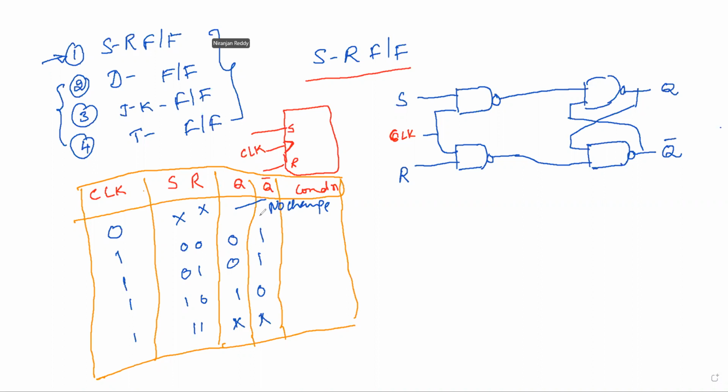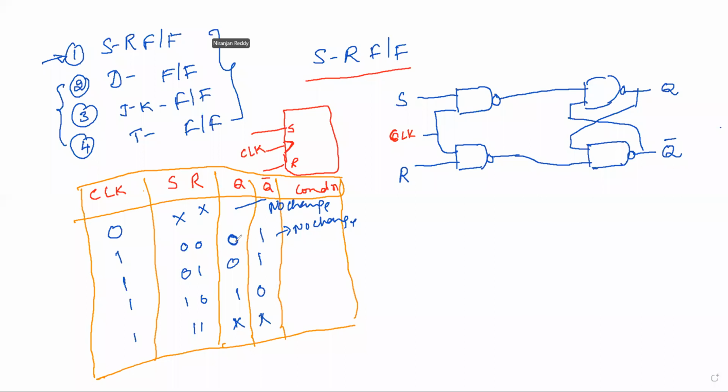Okay, both are coming as 1 1, so it is called the indeterminate state. The condition is no change. Try to see here: no change means if I consider Q is equal to 0, then after my analysis Q is 0 and Q bar is 1.